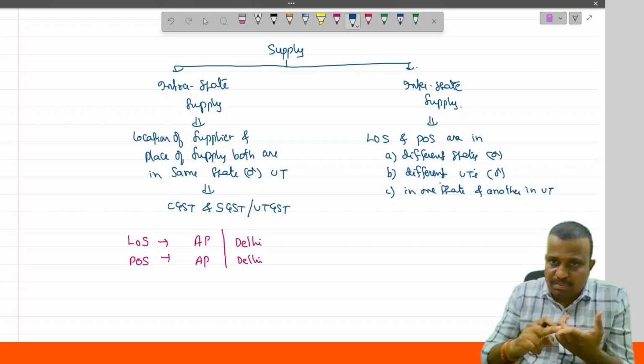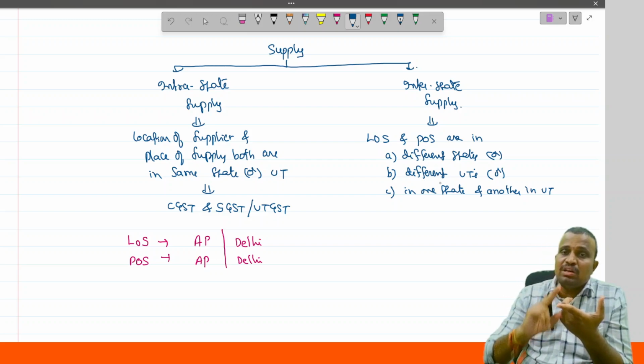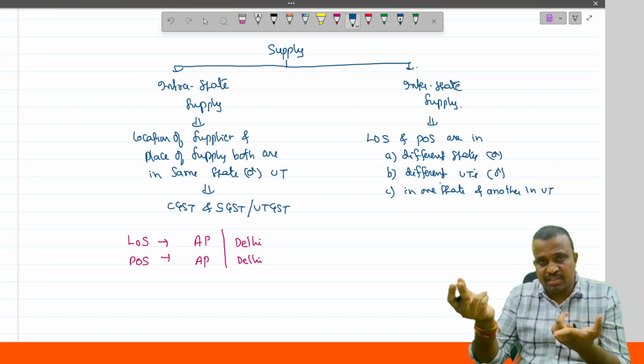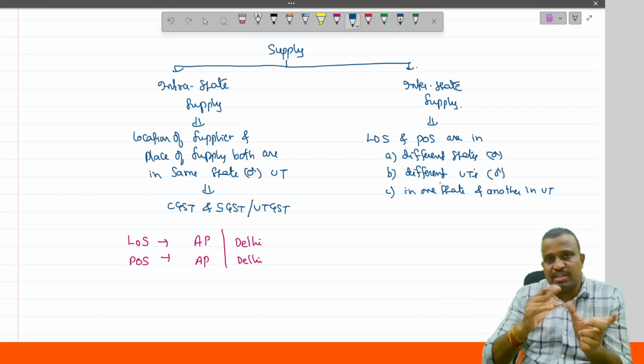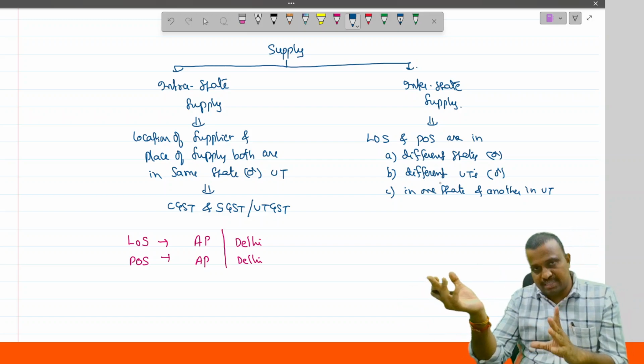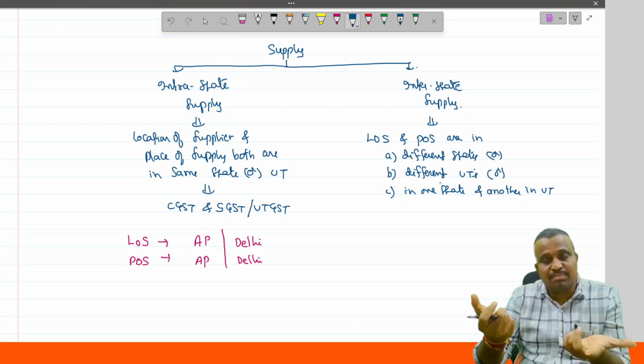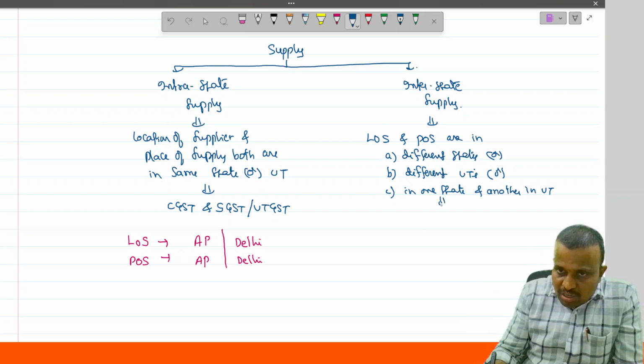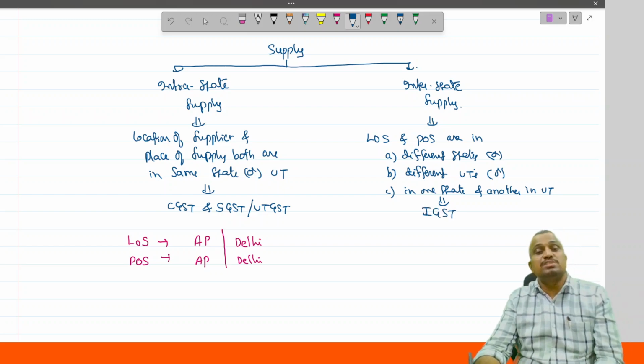So that supply is said to be interstate supply, and is liable for IGST, Integrated Goods and Service Tax.